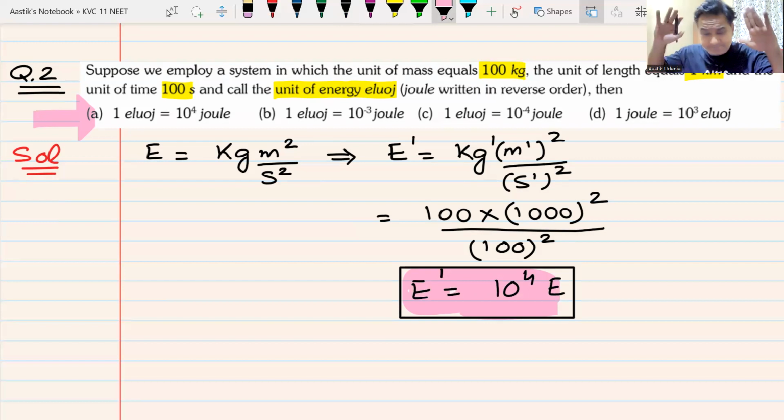Everyone got this? Yes, sir. Well done, sir. Then that means that we are done with the numerical part here. Now, remember, the next thing that we are going to do is the limitations of dimensional analysis. Remember, my dear friends, the question from the next part may not come as direct questions.